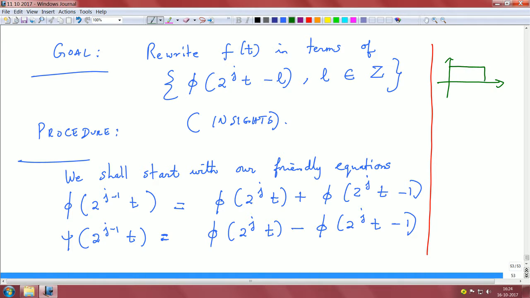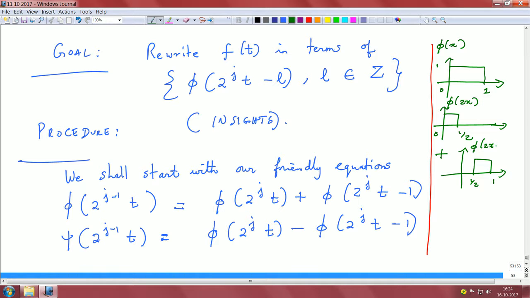So, this picture should be very clear in your mind. So, if this is phi of x, 1, this can be decomposed using phi of 2x plus its translate phi of 2x minus 1, right, which is phi of 2 times x minus half.